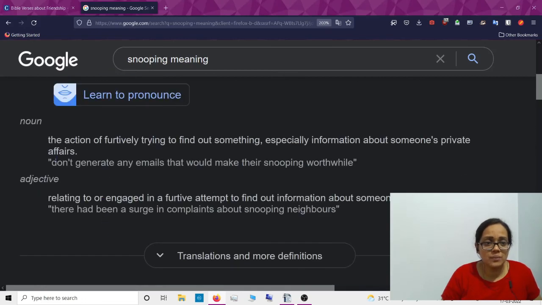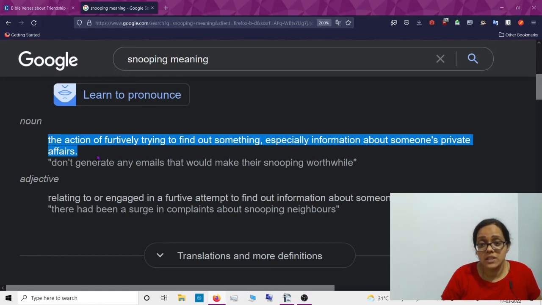That is known as the action of trying to find out something, especially information about someone's private affairs. Like private agents, right? Or they are trying seriously to find out something. So that is known as snooping.